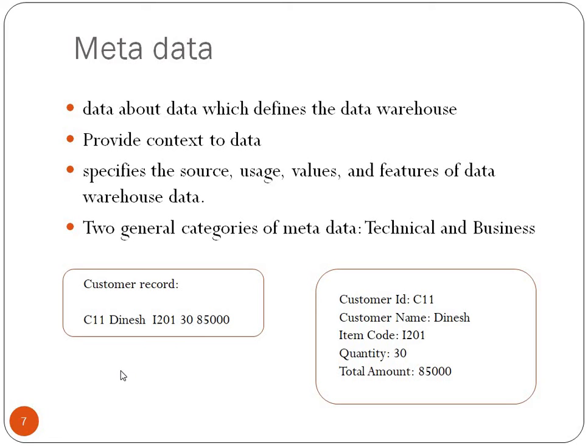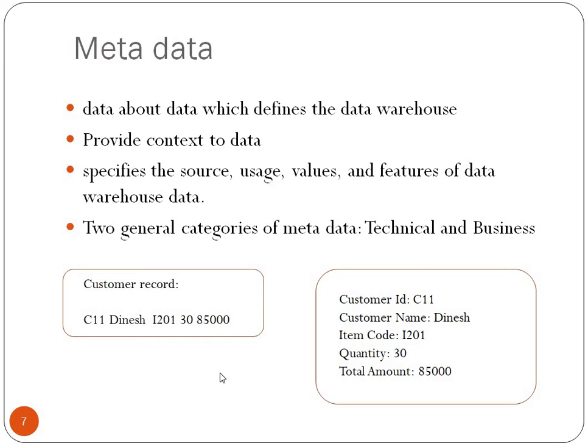The next component is metadata. We know that metadata is data about data. Here it defines the data warehouse, and why is metadata important? See a simple example. Here is one customer record: C11 Dinesh I201 30 85,000.